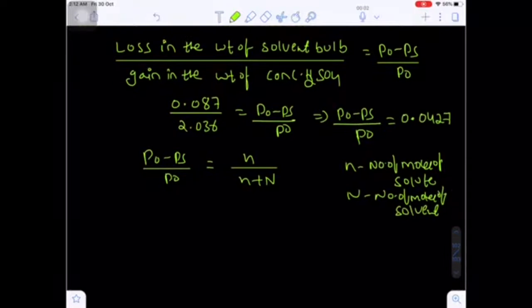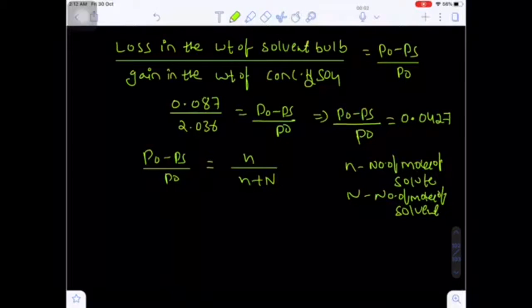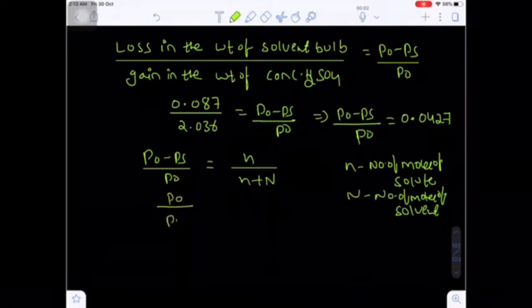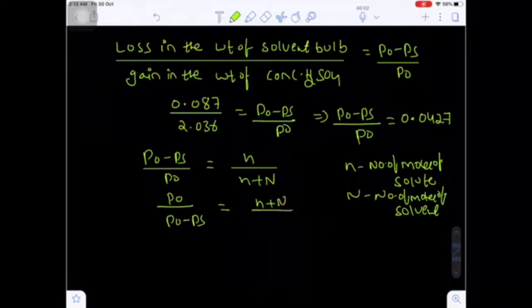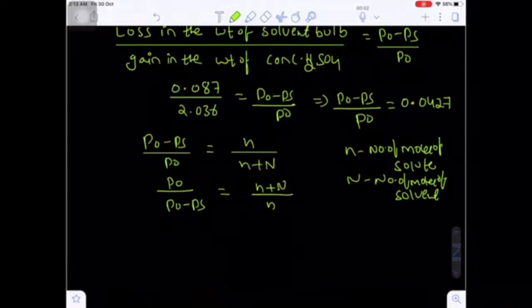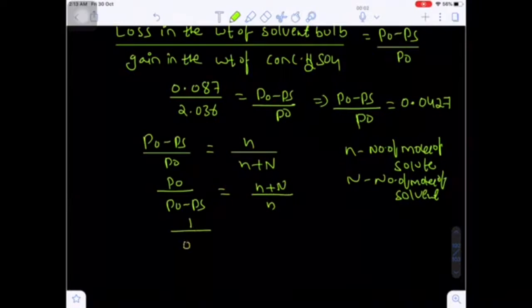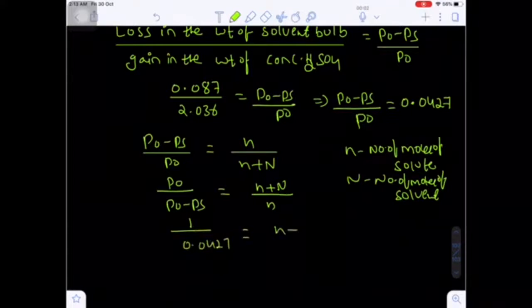Yes or no? Now the P0 minus Ps upon P0 value is equal to 0.0427. Now I am interchanging the numerator and denominator, which is equal to P0 upon P0 minus Ps equal to small n plus capital N by small n. So the reciprocal value is 1 upon 0.0427, equal to small n plus capital N by small n.